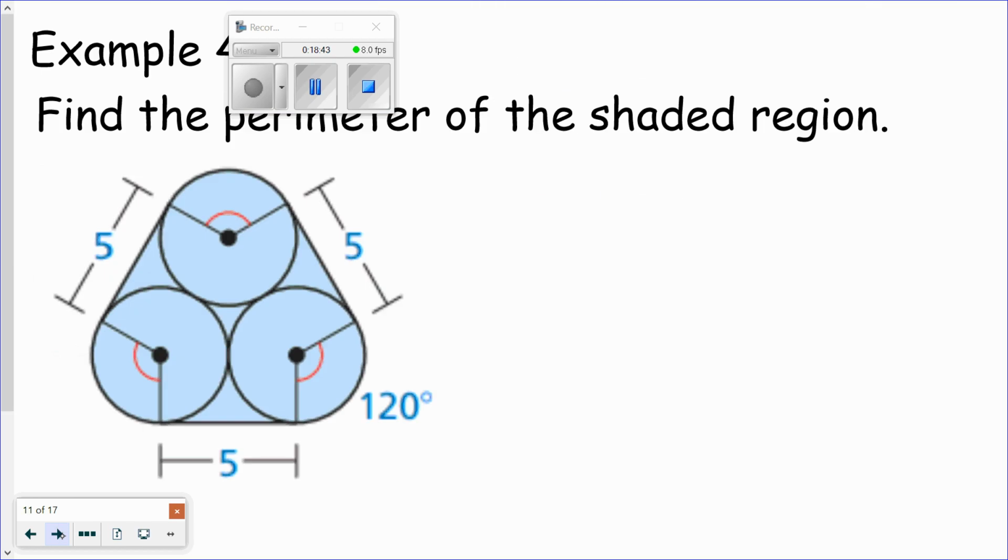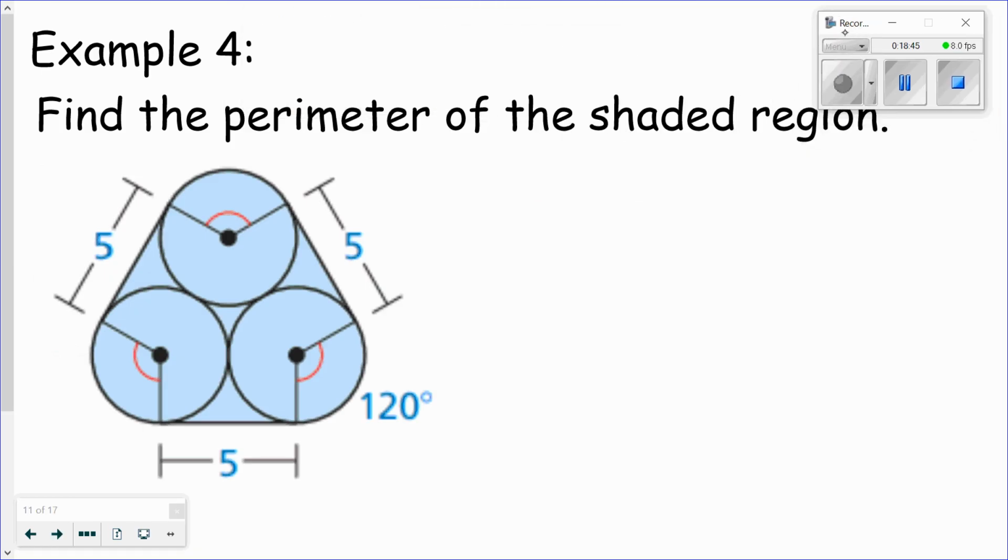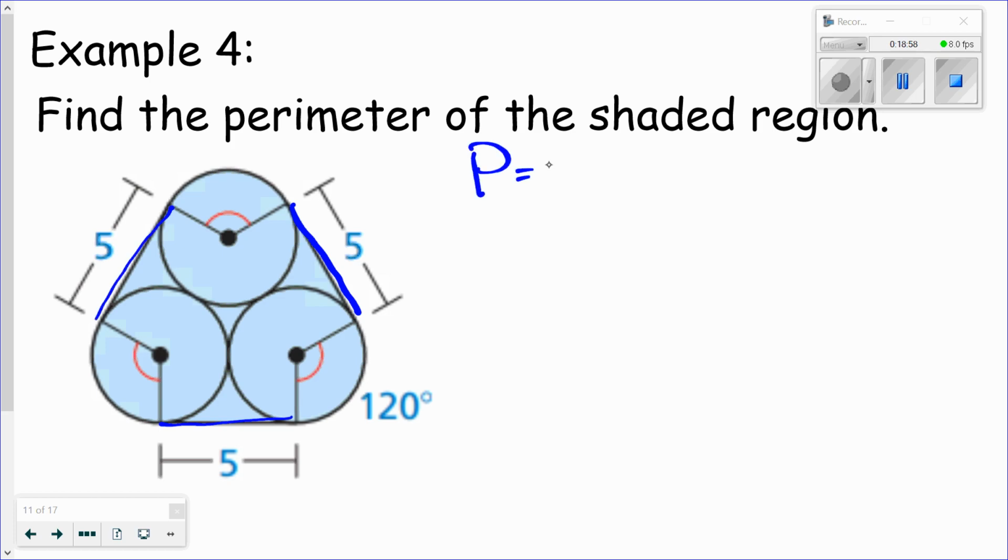Okay, this last one here, when you are looking at this, you have 3 straight parts here. You are finding the perimeter around the whole piece. So to find the perimeter, we have 3 parts that are 5, and then you have 3 curved parts.